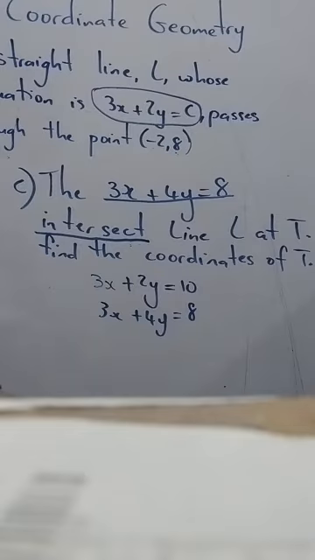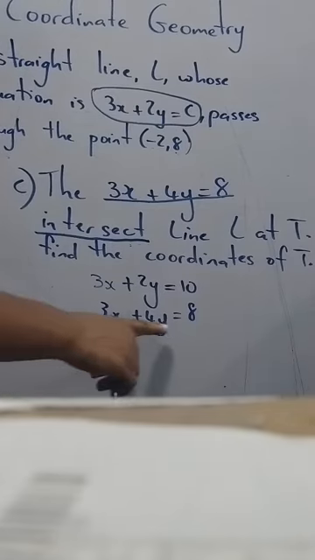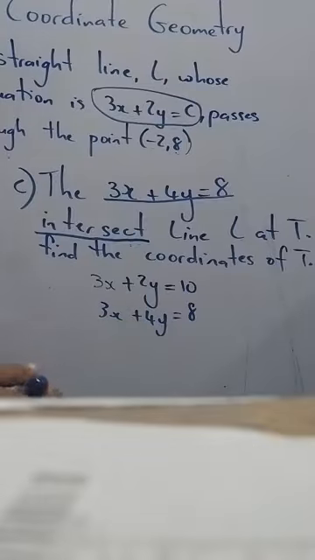We want to know when are the two equations equal. That means the value of x and the value of y in both equations should be the same. So at what point will the values of x and the values of y be the same? How do I find that?